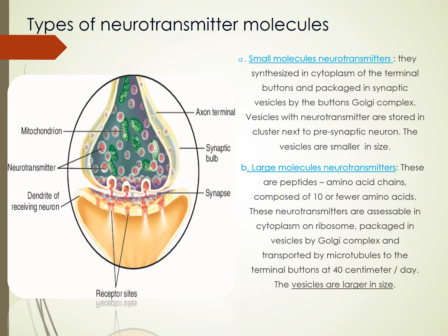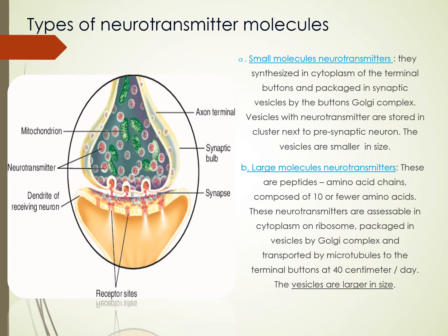Small molecule neurotransmitters are synthesized in the cytoplasm of the terminal buttons and packaged in synaptic vesicles by the button's Golgi complex. Vesicles with neurotransmitter are stored in clusters next to the presynaptic membrane. The sizes are smaller.